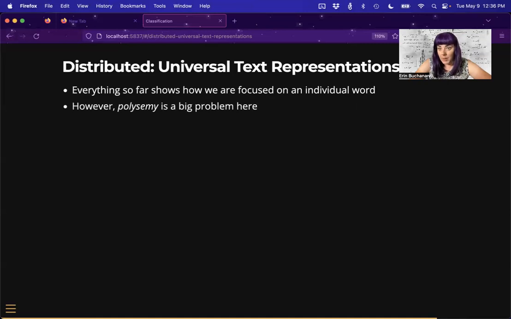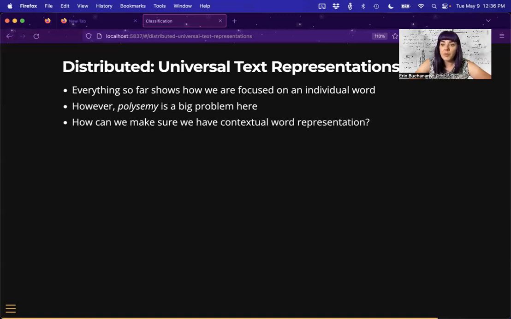However, polysemy is a big problem. Remember that polysemy is the fact that words have different meanings depending on their context and their use. So we've got bat the animal versus bat the baseball bat. So how do we make sure that we have a better understanding of contextual word representation? How do we get that connotation out? And this is one of the biggest components of hate speech, right?